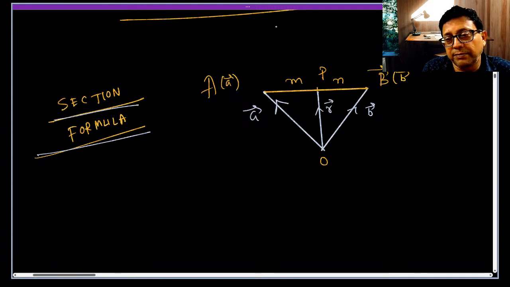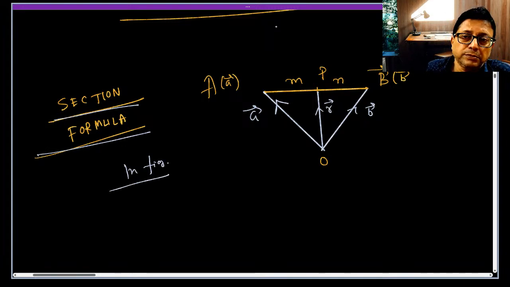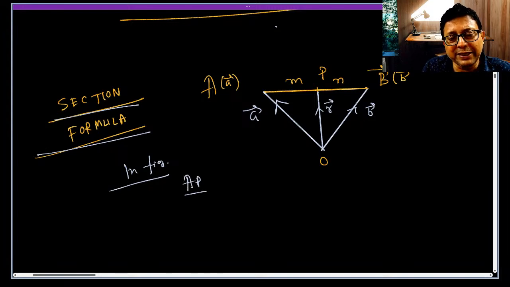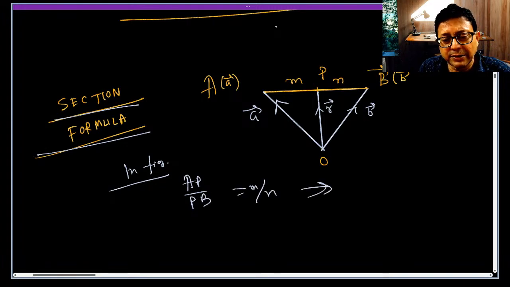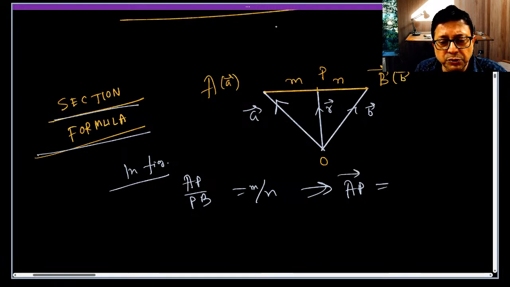So in this diagram, AP by PB equal to M by N. This implies N into AP equals M into PB.